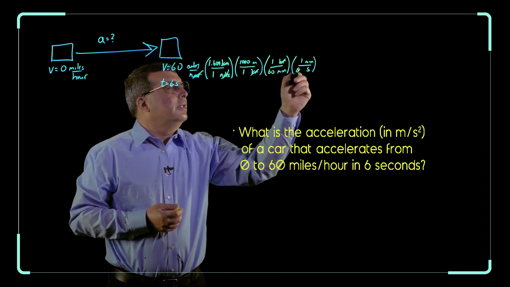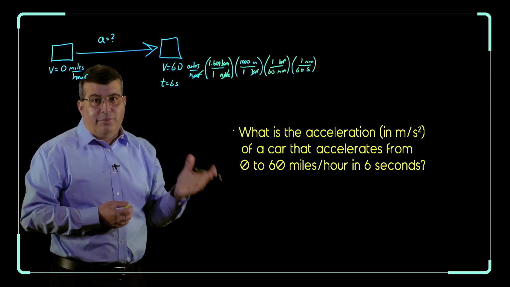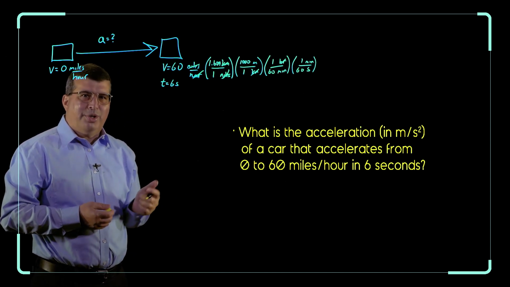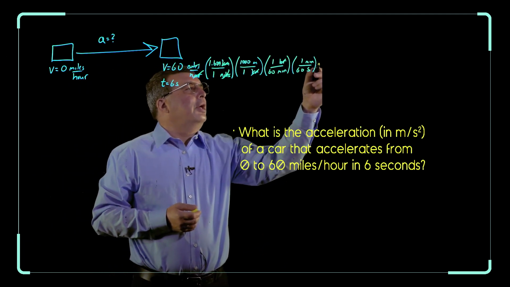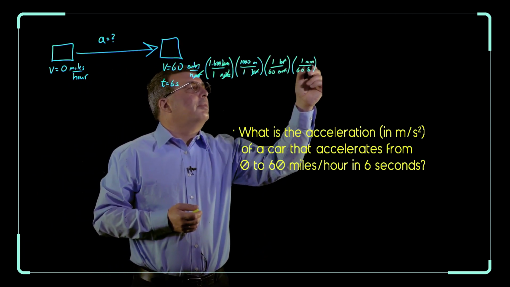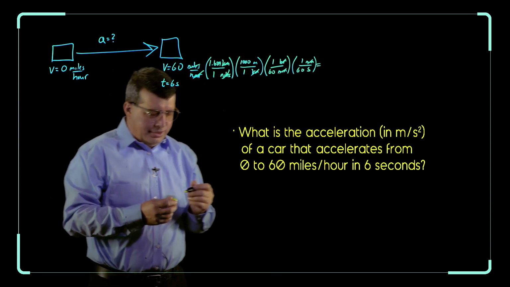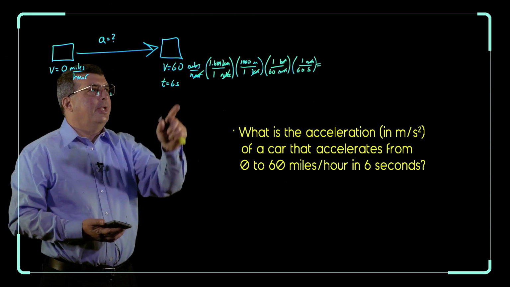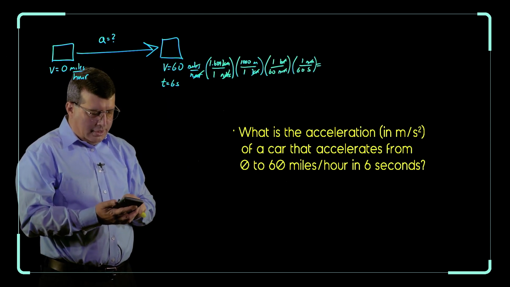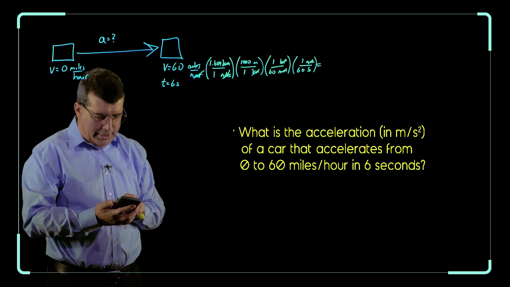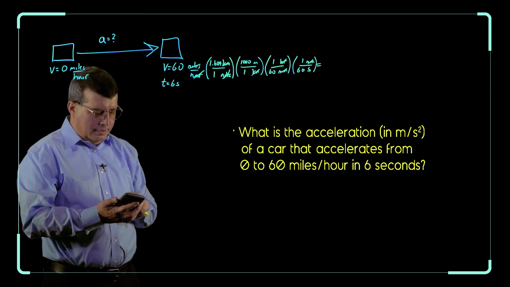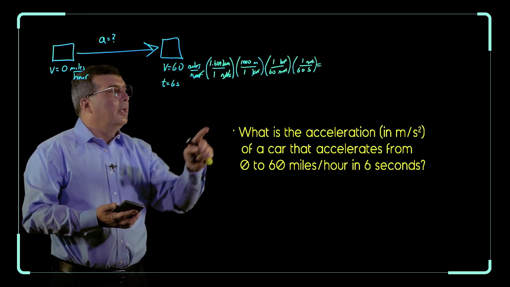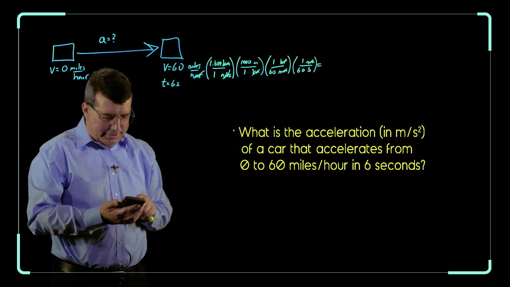And 1 minute is 60 seconds. And if you want to do that in one step and just say that 1 hour is 3,600 seconds, you can also do that. That will come out the same. So I've canceled out my minutes. And what does this all equal? Okay. We have 60 times 1.609 times 1,000 divided by 60 divided by 60.